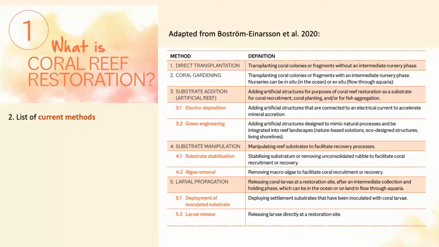And some of the increasingly popular coral propagation methods, which use larval seeding, either inoculating surfaces and then deploying those, or actually larval release, releasing larvae directly at a restoration site. These are just the most widely used methods today, but it's a rapidly moving space, and there are a lot of new interventions proposed and in research and development.